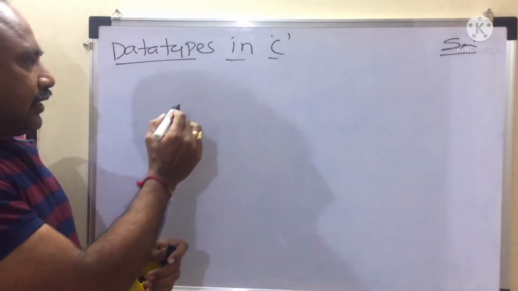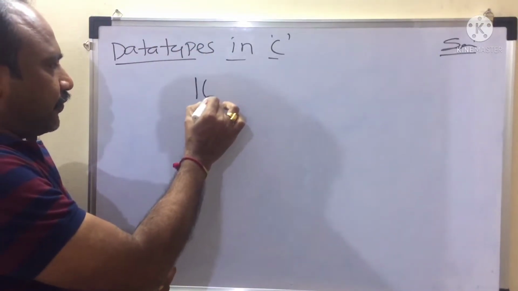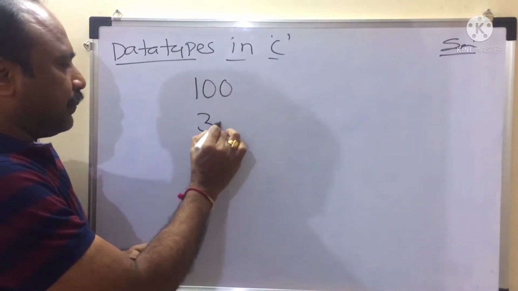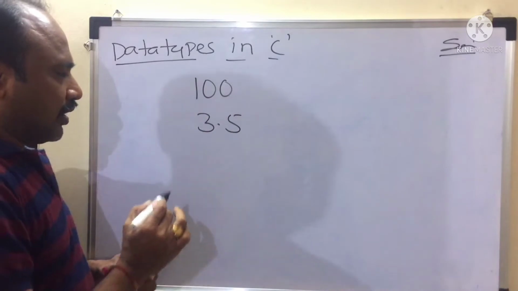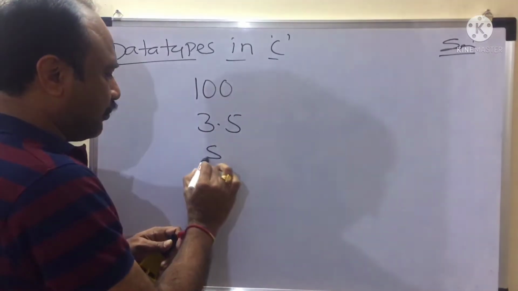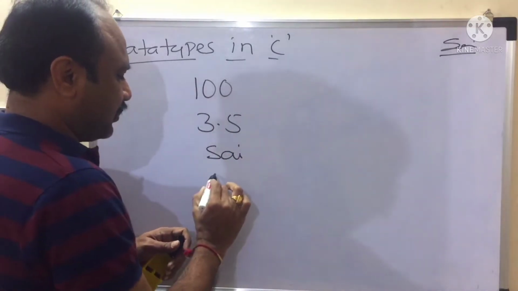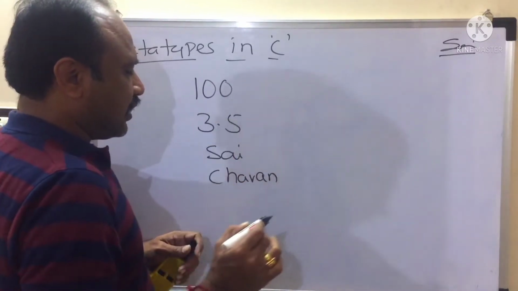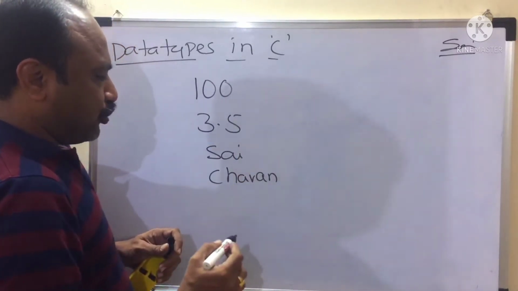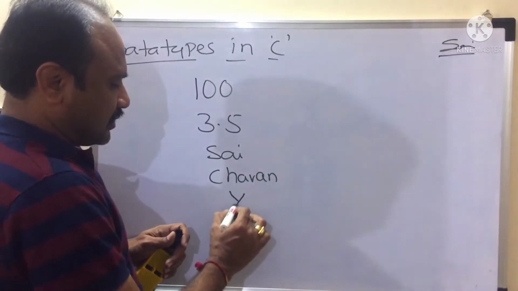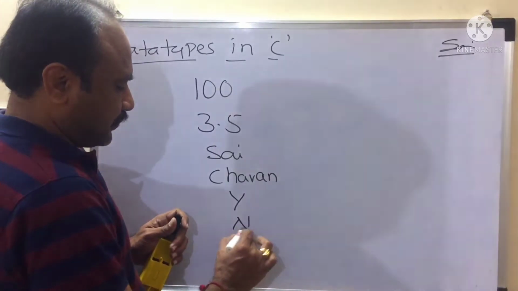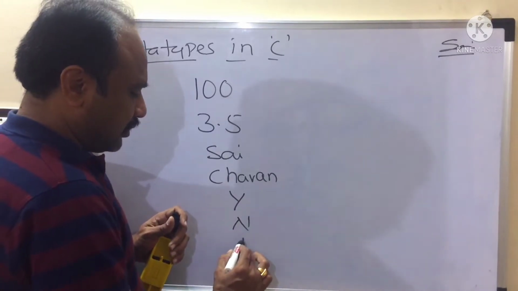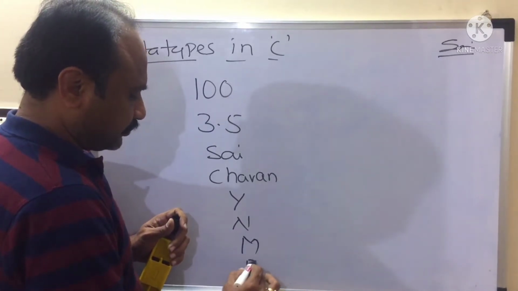While working with data, for example, I am taking 100, I am taking 3.5, I am taking a name like Sai Charan. In some cases I have to enter, "Are you sure you want to continue? Yes, no." Or I enter my gender: male, female.